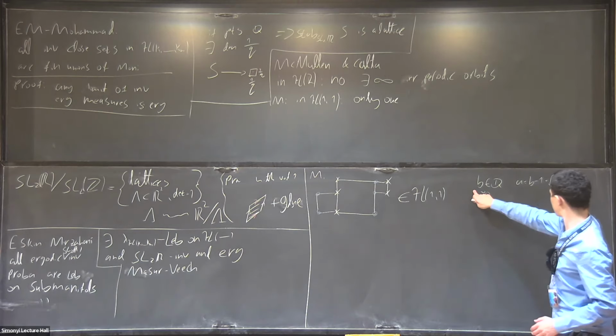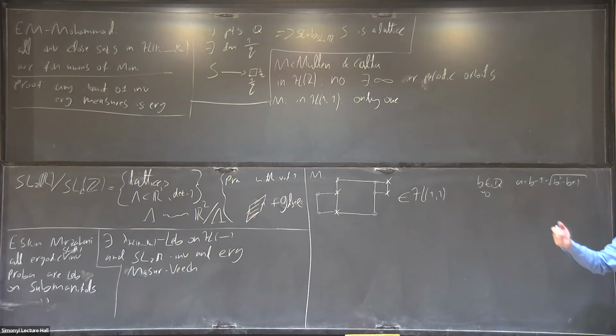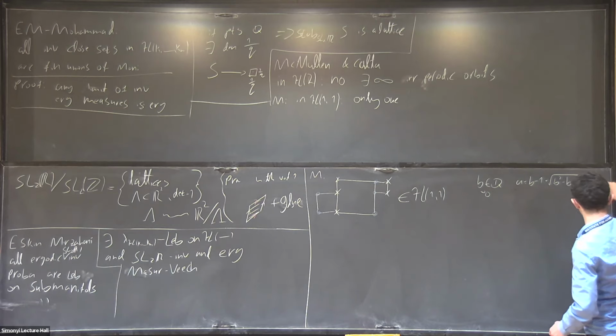So we take B to be a rational number, and we want A not to be a rational number.